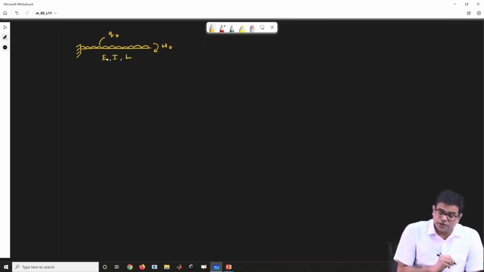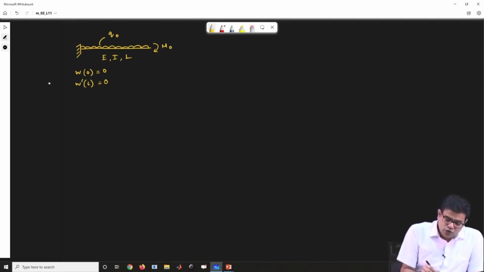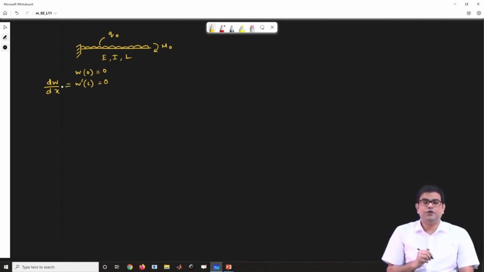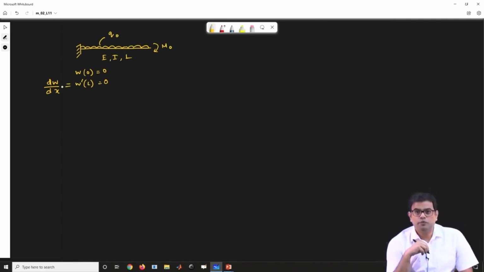EI is constant. Now what is the boundary condition for this problem? I know this is a fixed end, so w at x equals 0 is 0, and dw/dx, since this is Euler-Bernoulli beam theory, dw/dx is slope, so dw/dx is 0.